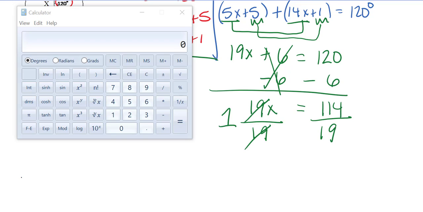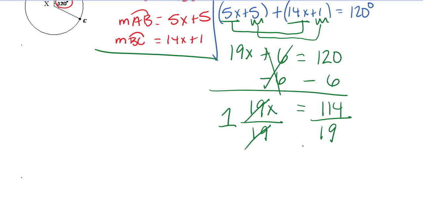If we go 114 divided by 19, we get 6. So our value of x is equal to 6. So 19 times 6 is equal to 114. That's what that's saying on the line right before it.